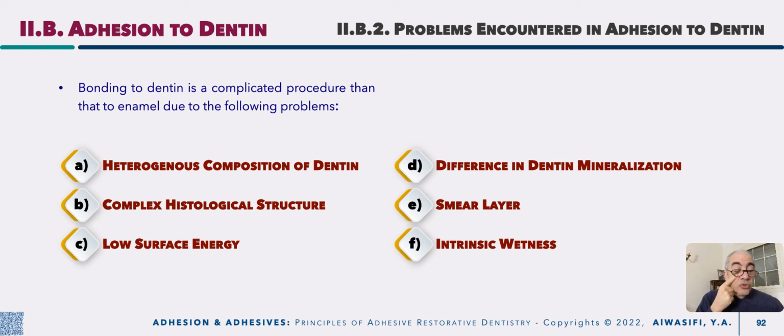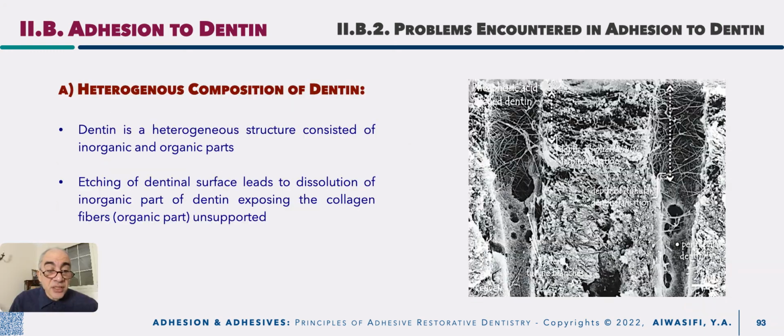Number 1, heterogeneous composition of dentin. Dentin is heterogeneous in structure, as it consists of an inorganic part and an organic part, and the organic part has a valuable percentage that cannot be denied or skipped when you design a technique or a theory or a concept to bond with dentin.